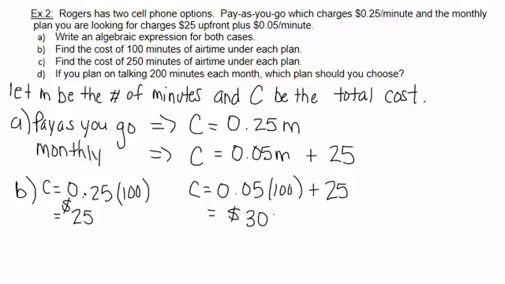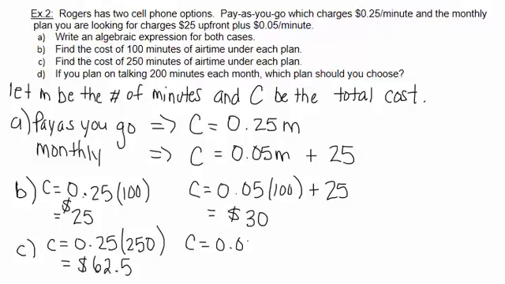Now they're asking the same thing, but for 250 minutes, so we'll do the exact same thing. So the cost is equal to 25 cents times 250 minutes, which gets to $62.05. The other plan at 250 minutes is $37.5 a month.